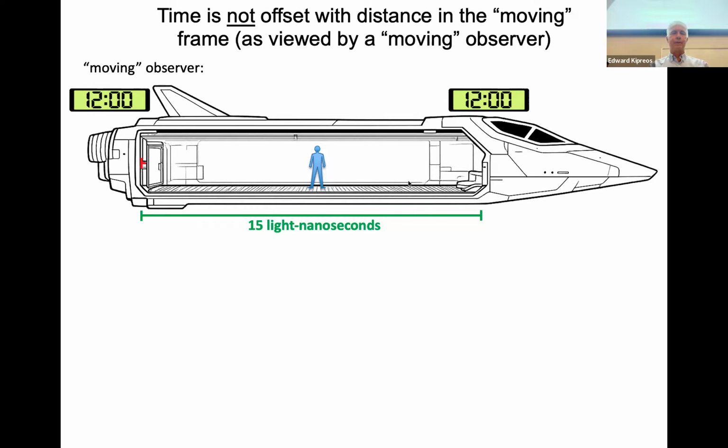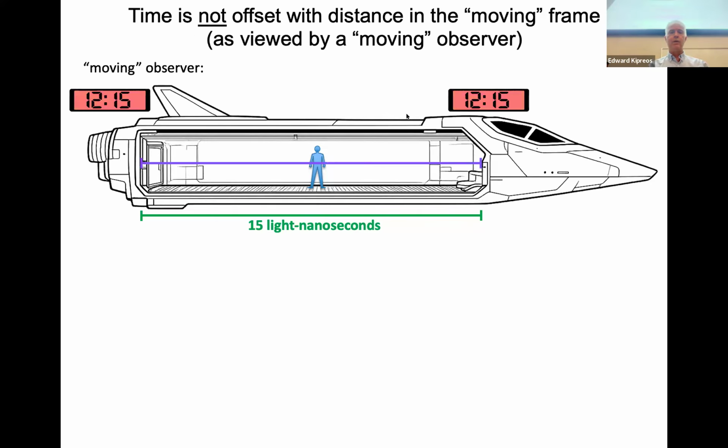And so when the light starts, the clock says 12 o'clock. And then when the light arrives, the clock says 12:15, which makes sense because it took 15 nanoseconds to go across, and the distance was 15 light nanoseconds. So that's the speed of light being c.